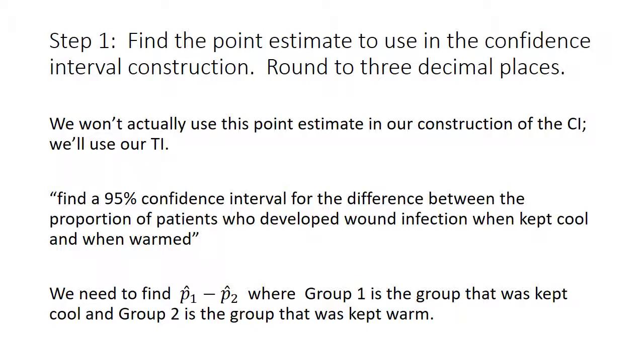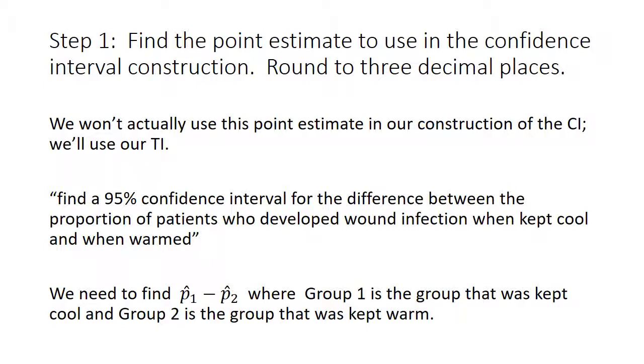We use the sample data to find the point estimate for the population. Group 1 is the group that was kept cool because that comes first in the sentence about the difference between. And group 2 is the group that was kept warm.